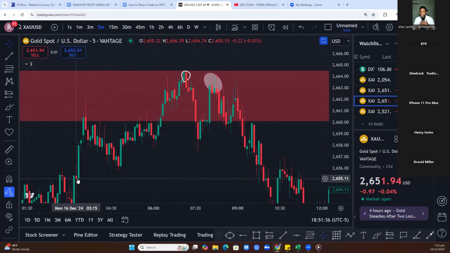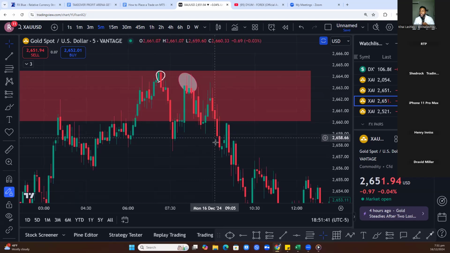It needs to make sense. Even here, where price came down and you have this wick rejection for the market to push up, that doesn't say buy. So make sure you are always using these candlestick patterns with structure.